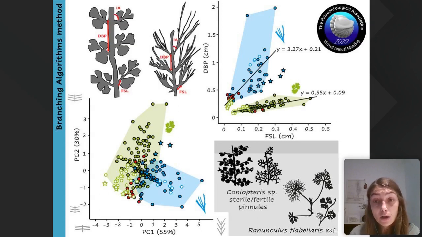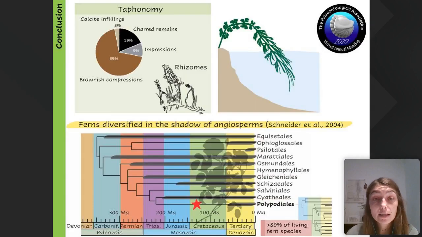We also have some evidence on the taphonomy. The brownish compression is the most frequent preservation in this case. We also have a lot of rhizomes. In these localities, ferns are normally preserved as charred remains or impressions. They come from further away.